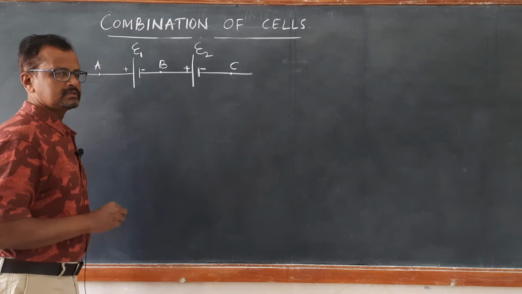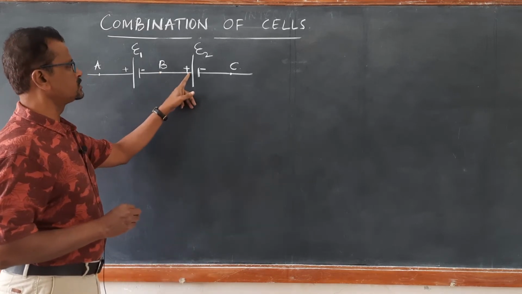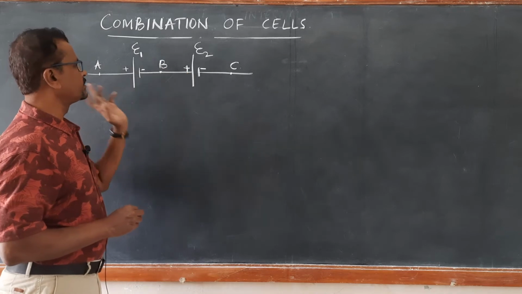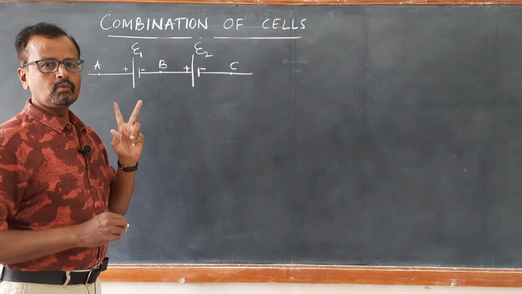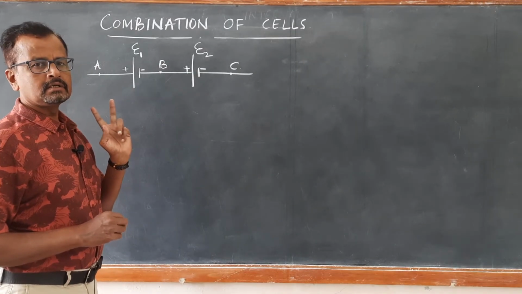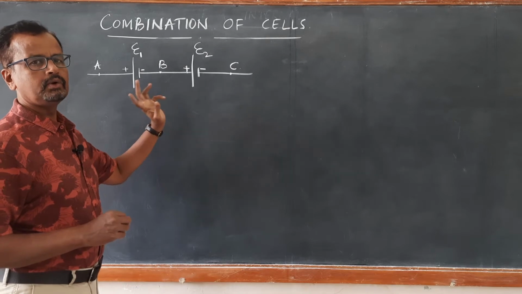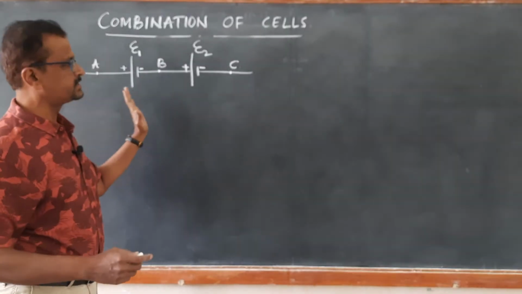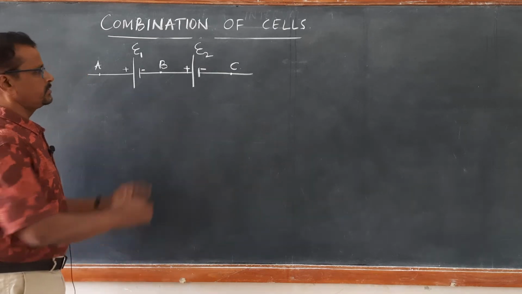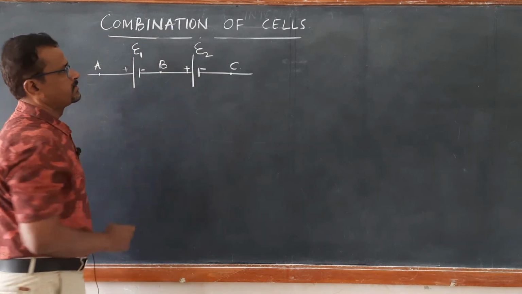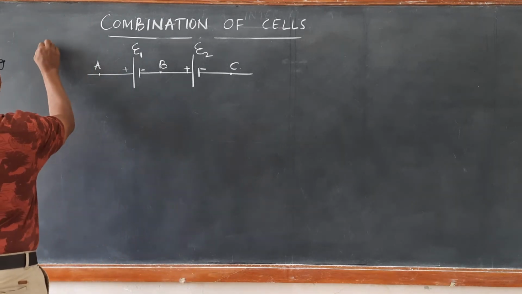B is the terminal which is connected with the positive terminal of E2 and negative terminal of E1, right? Each terminal of the cells are connected together and two terminals are left free. Such a combination is called as series combination. Now our task is to find out what is the total EMF of this combination. So this is series combination of cells.